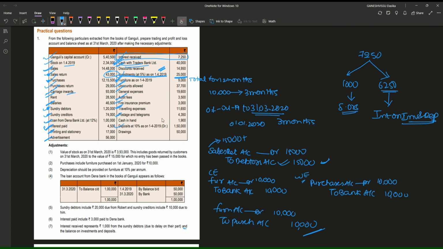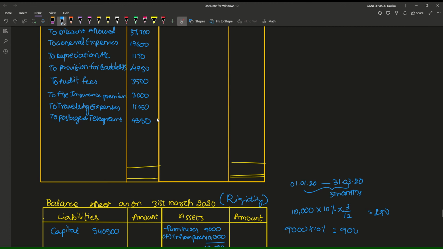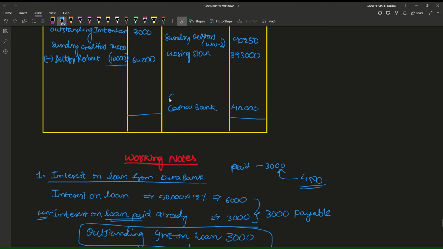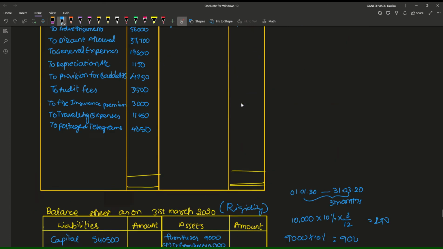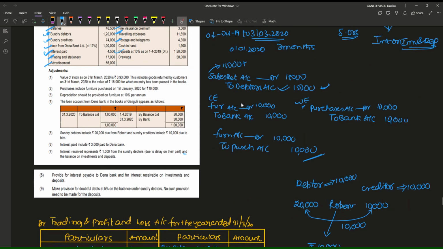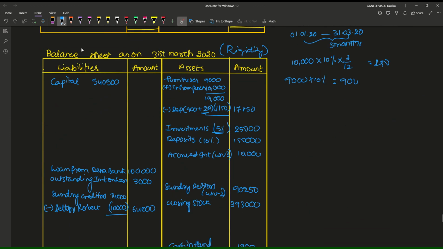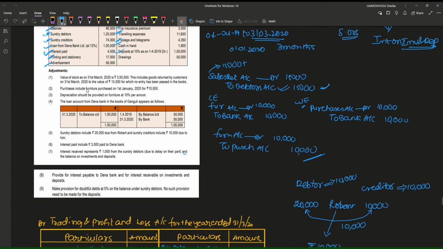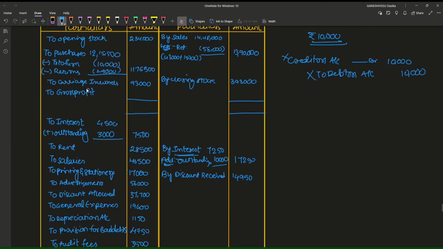And cash in hand 1,900 rupees. Cash in hand 1,900. Completed now. Now drawings we have to deduct from the capital, minus drawings 50,000.